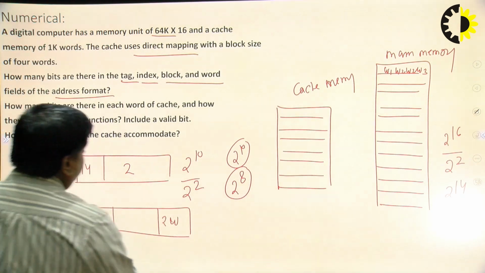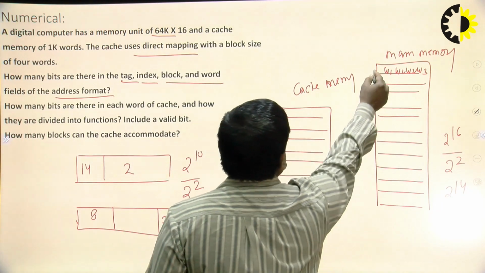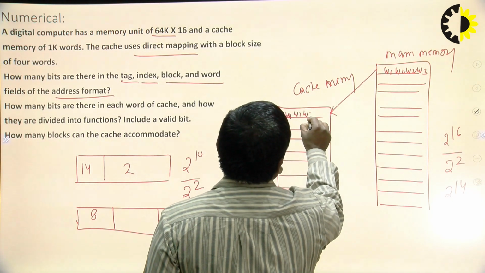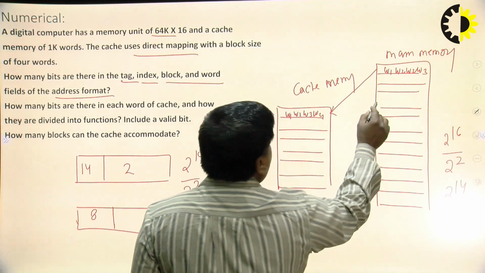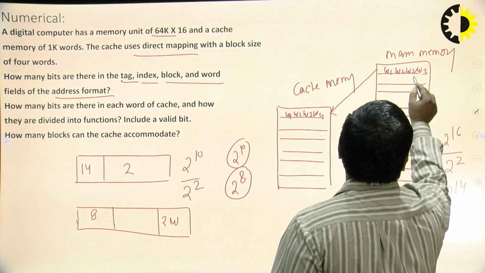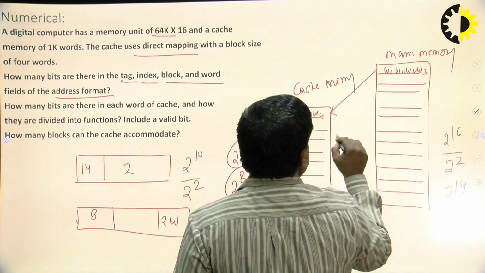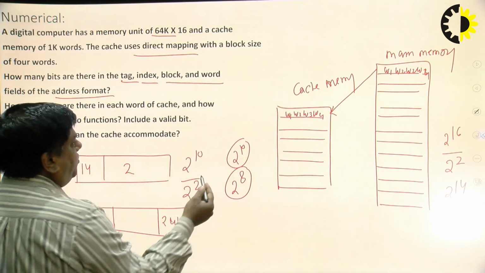The word format is the same. Here also each block can have 4 words, it means W1, W2, W3 and W4. Then the size of the word format is the same.